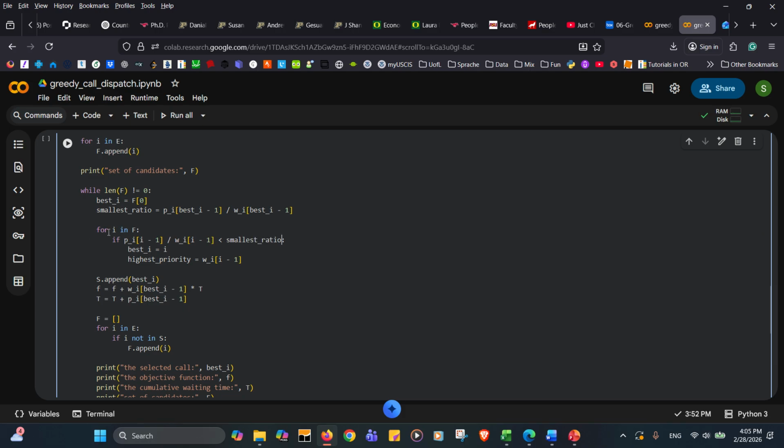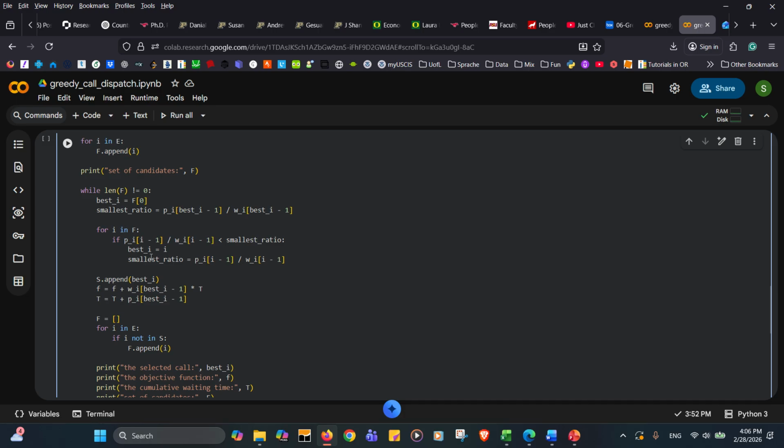If there is a call in this set that its ratio is less than the smallest ratio, so we need to update the best I, and also we need to update the smallest ratio, which is going to be P sub I of I minus 1 divided by the W of that one.